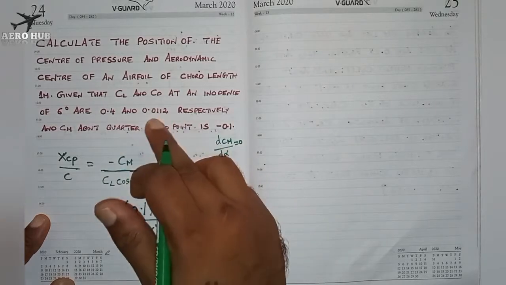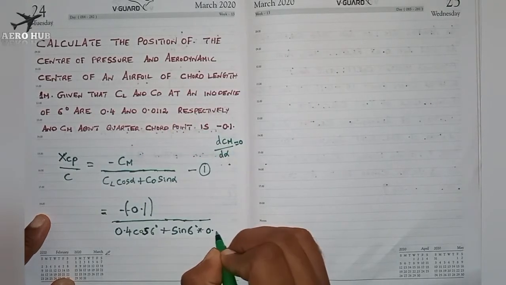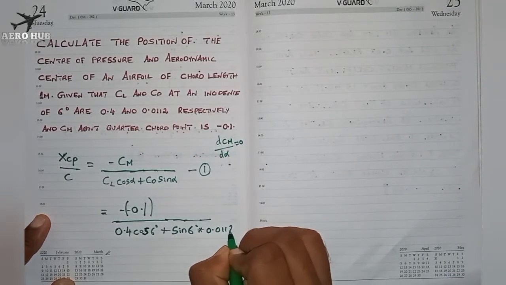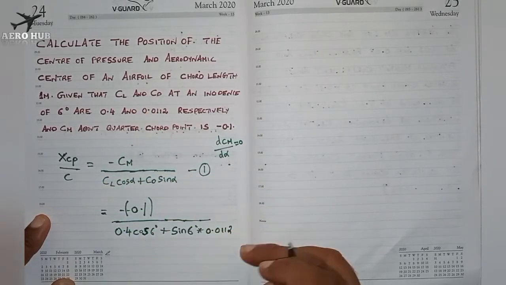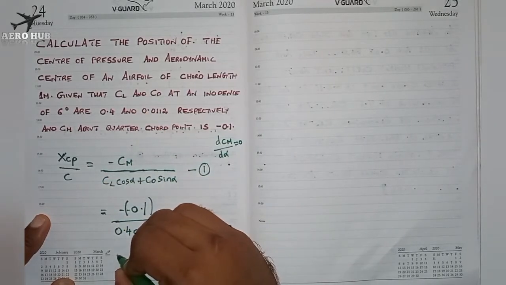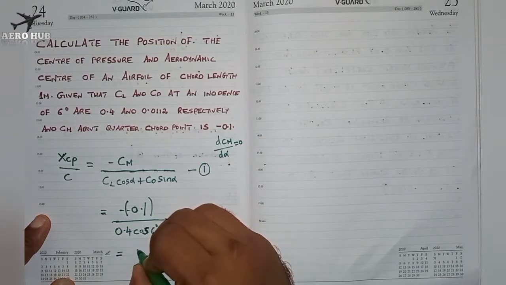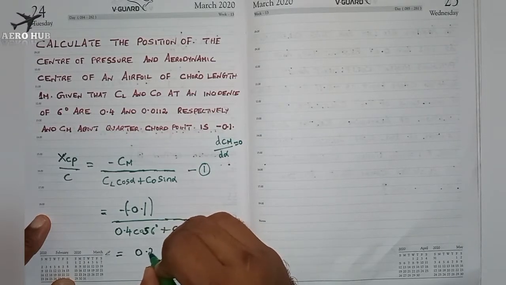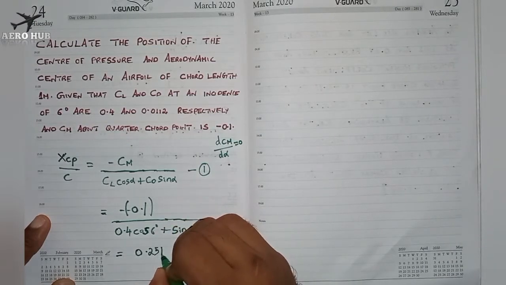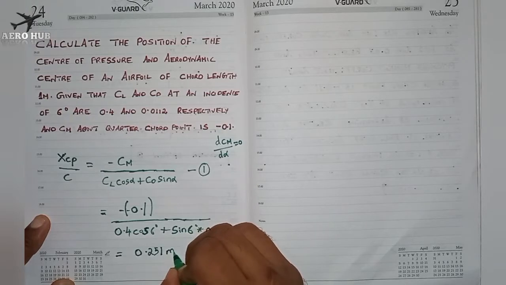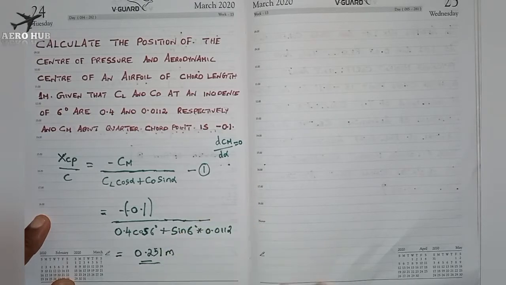What is CD here? 0.0112. Okay, exactly CD sin alpha, and this is the method to find out the value of center of pressure, and I'll be getting an answer of 0.251 meter. This is the position of center of pressure.